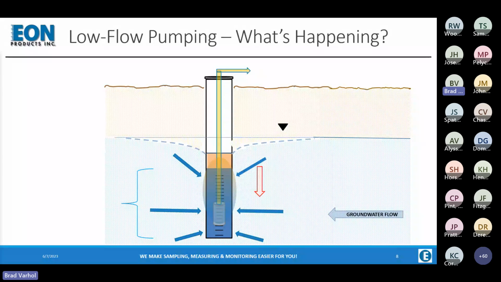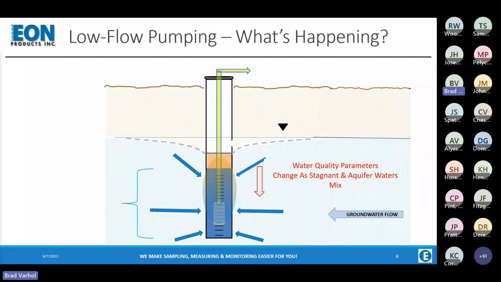And those of you who have done low flow sampling know that when you turn on that pump and you start to analyze the water with the water quality meter, maybe you're using a flow cell, you know that the water quality parameters, pH, conductivity, dissolved oxygen, those begin to change, and they change fairly rapidly, and they change for a while.